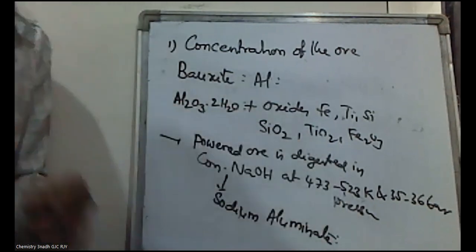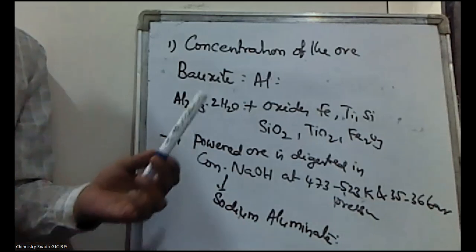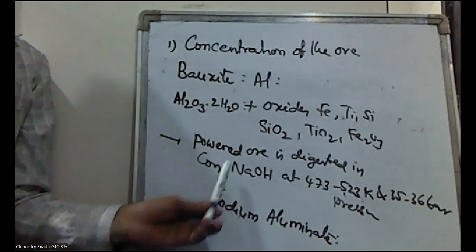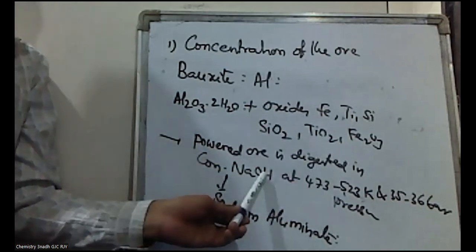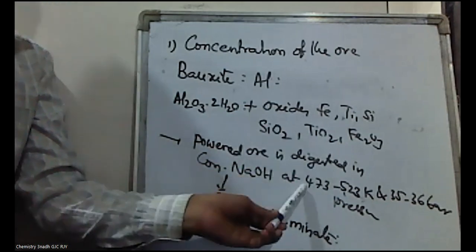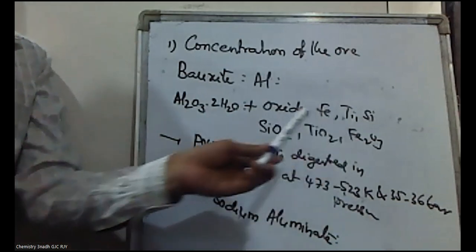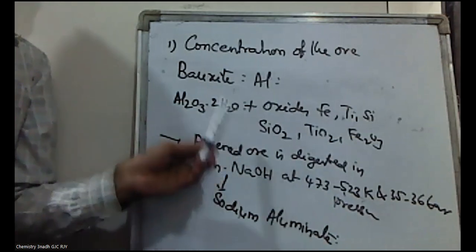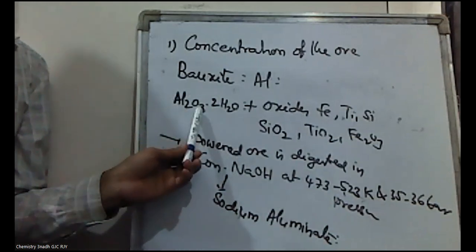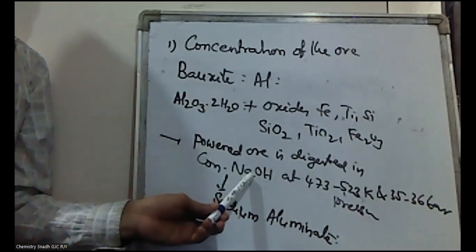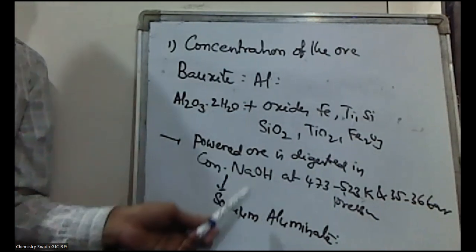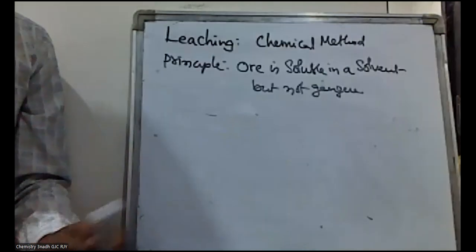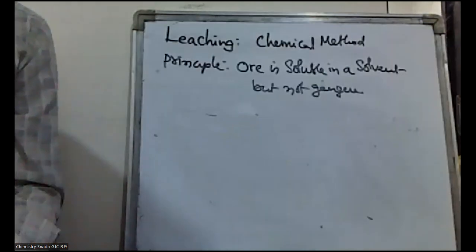When the powdered ore is digested in concentrated NaOH at 473 to 523 Kelvin and 35 to 36 bar pressure, the alumina, Al2O3, is soluble in NaOH and forms sodium aluminate.